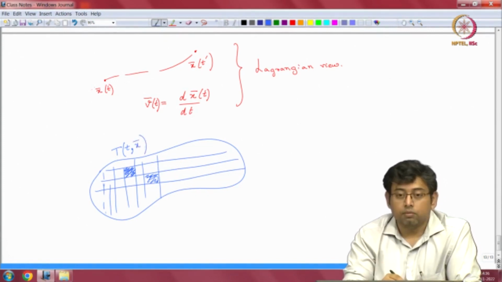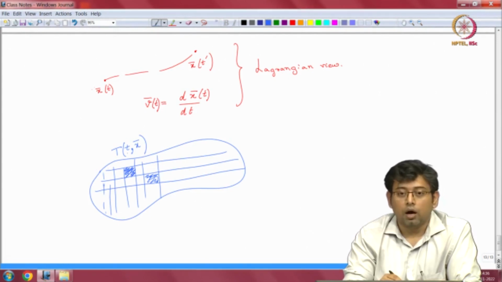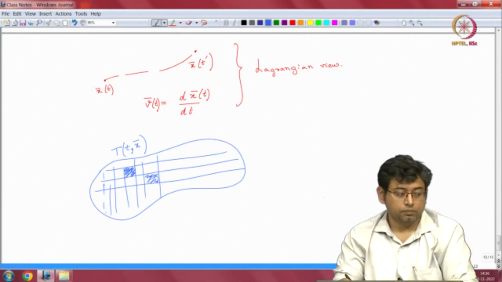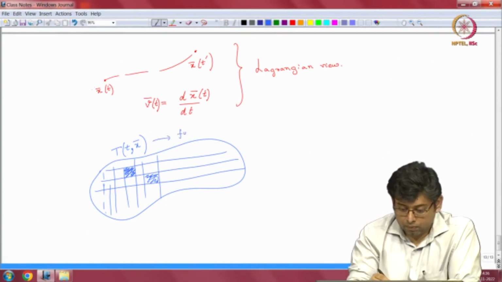The variable of interest, temperature here, now becomes a multivariable function. It is dependent on time, and it is also dependent on the exact grid location we are using, or the x vector. So, this is now a function of multiple variables.